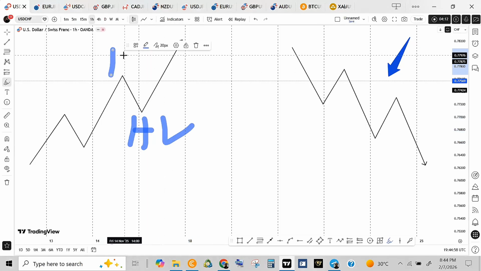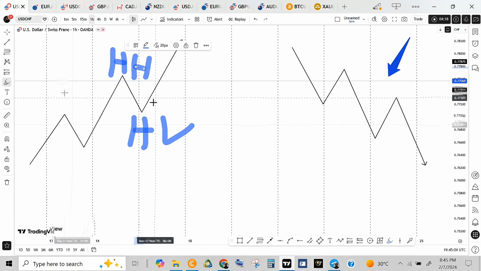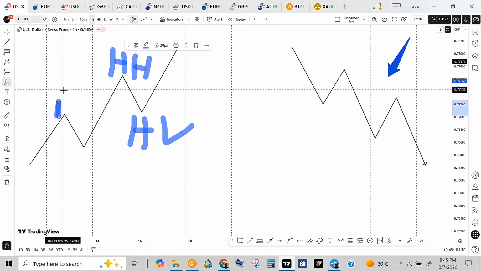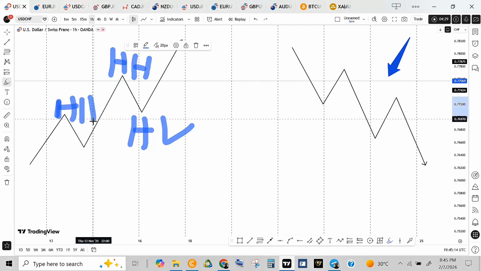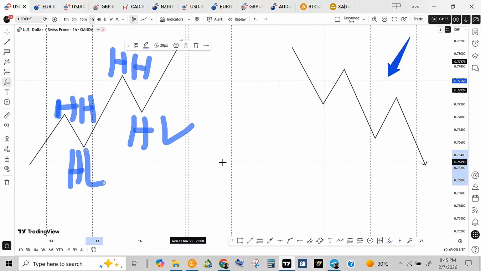Then we'll have this as higher high, HH. This is higher high, and this here is higher low. Beautiful.